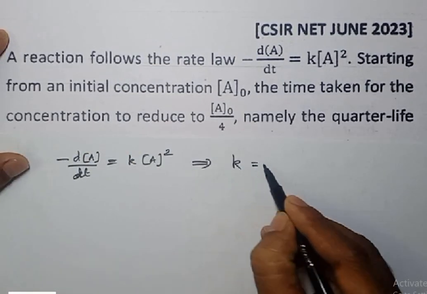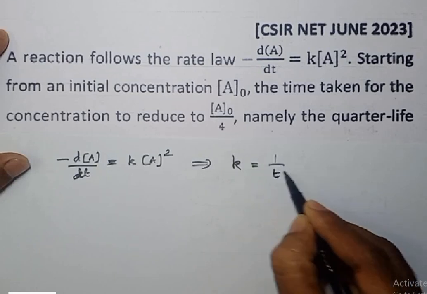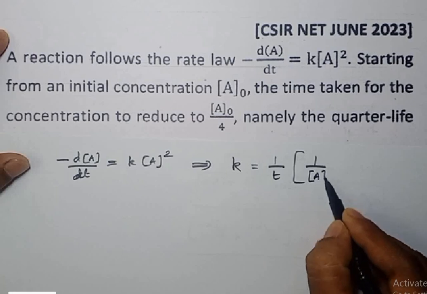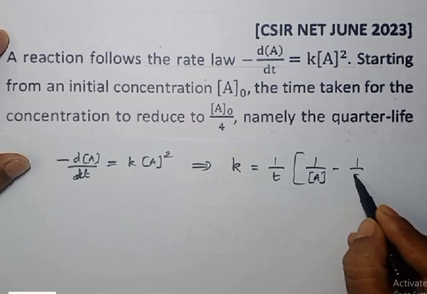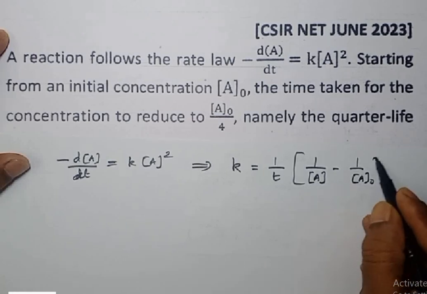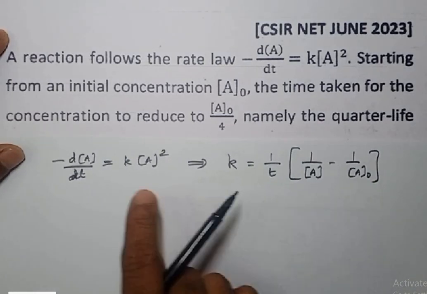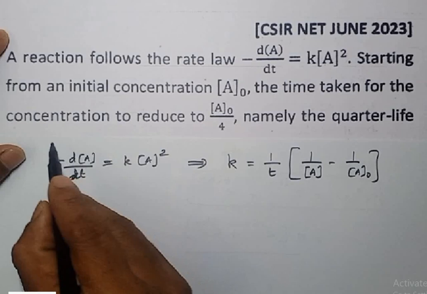Rate constant k is equal to 1 by t times 1 by A minus 1 by A naught. This is the expression for the rate constant for this type of differential equation.